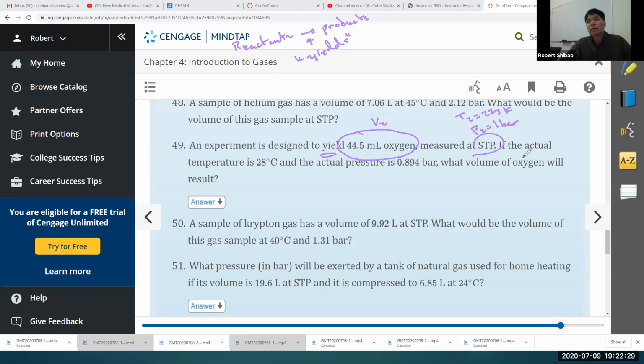This is going to be T1: 273 plus 28 is 301 Kelvin. And then the pressure is this many bars, so P1 is 0.894 bar.